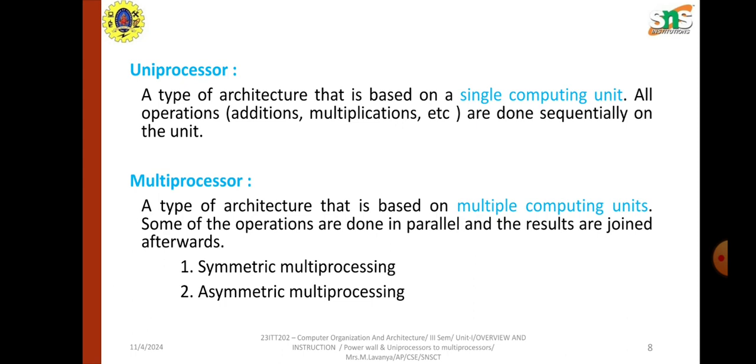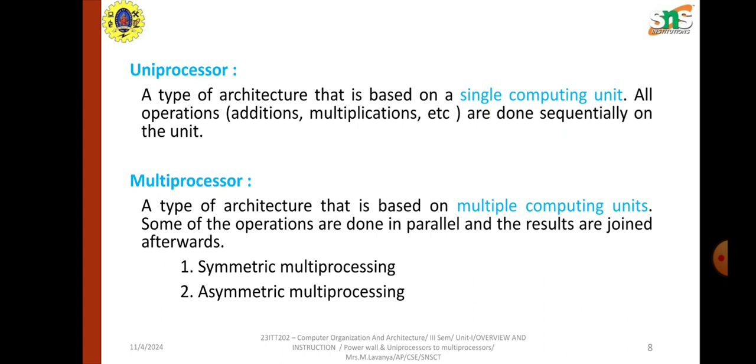In a multiprocessor system, a large program can be executed in parallel, simultaneously on different processors, by splitting and dividing it equally between the processors, and finally the output can be combined for attaining the result of that program. This is the main advantage of multiprocessor.